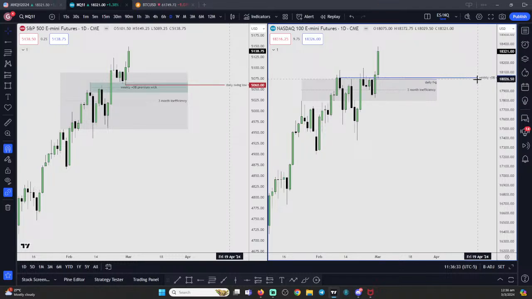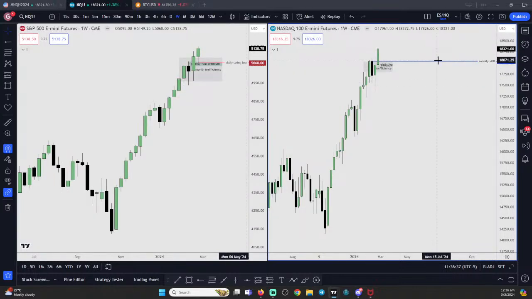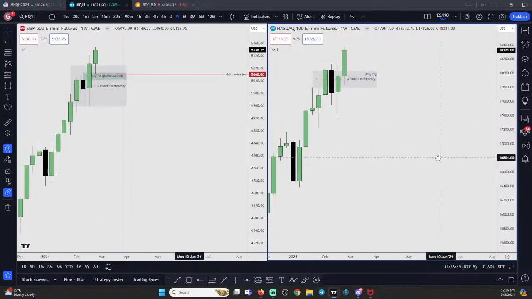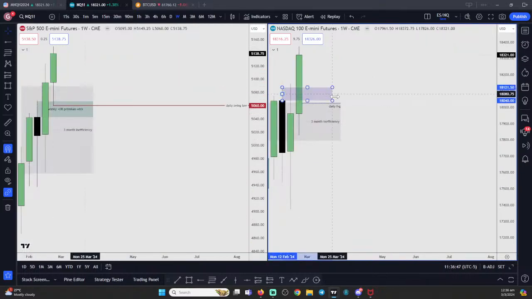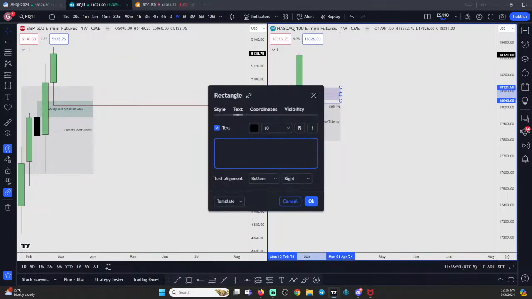I think for NQ, even though I like the opening price, let's just use the week here for similar comparison. Weekly order block, premium week.